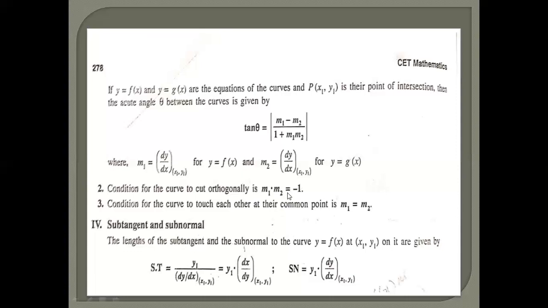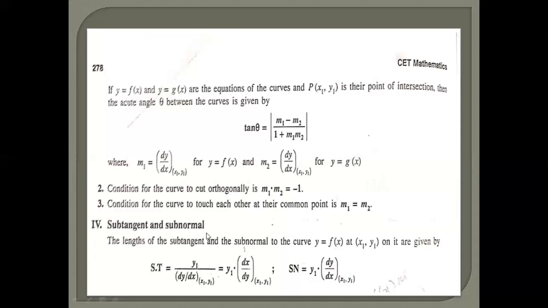If m1 m2 = -1, then we say that the given two curves cut orthogonally. Suppose the slopes of the two curves are equal, then we say that the two curves touch each other at their common point.